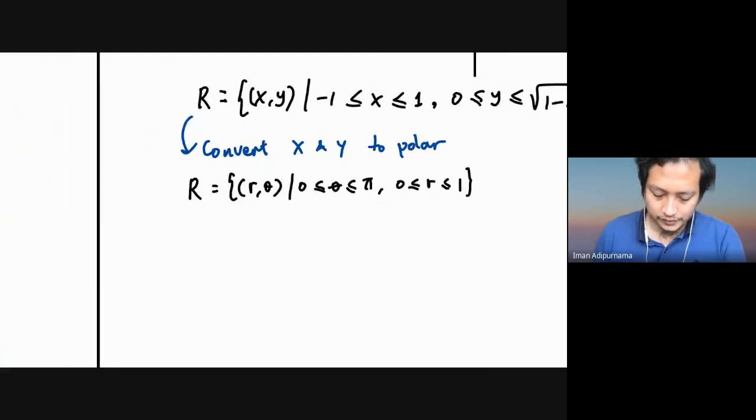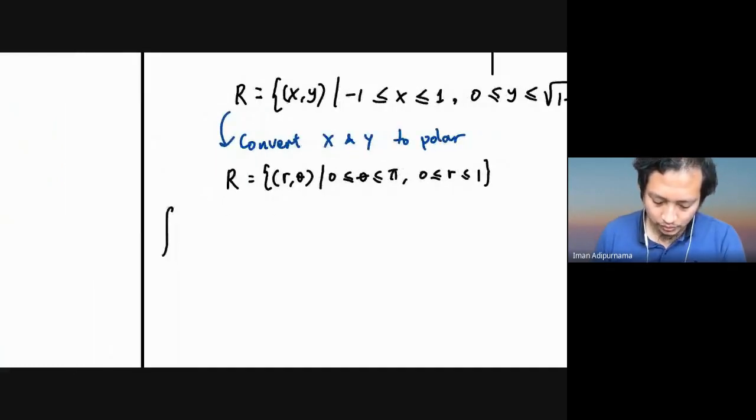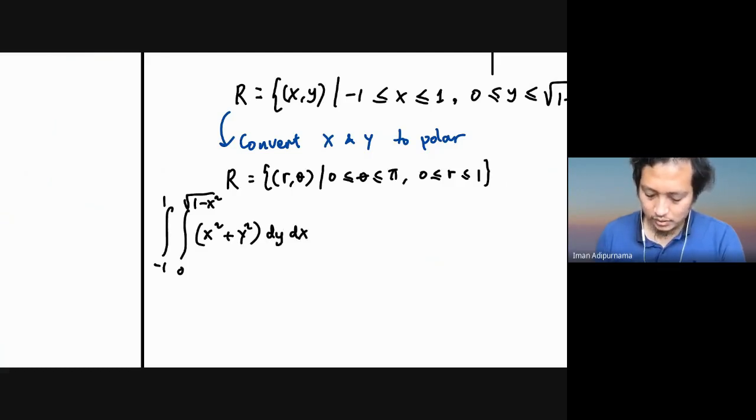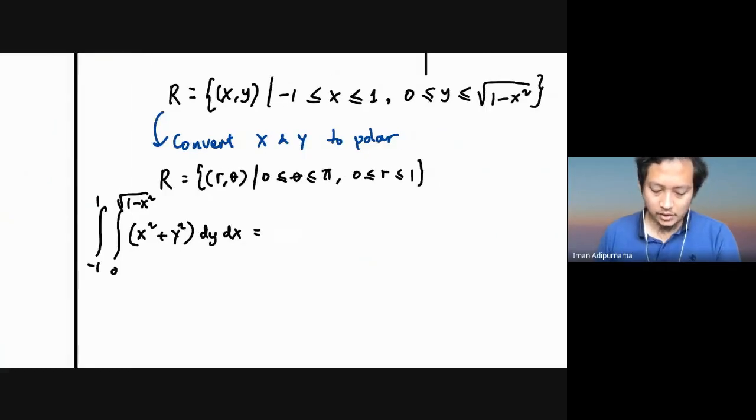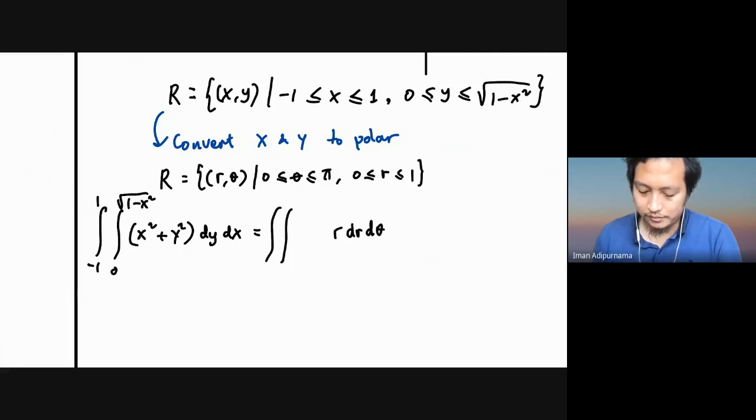And then let me write the original equation. This is dy dx, and then it's equal. And remember, the thing about polar is, if you want to change dy dx or dx dy, it's always changed to r dr d theta.